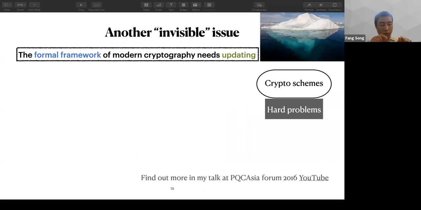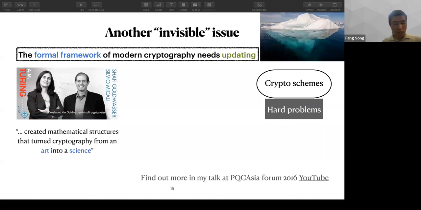And this distinguishes it from the practice of crypto in a long history of human beings, which is largely an art. So this picture shows the two Turing awardees, Shafi Goldwasser and Silvio Micali, who pioneered the revolution of modern cryptography, based on a formal approach starting in the early 80s.